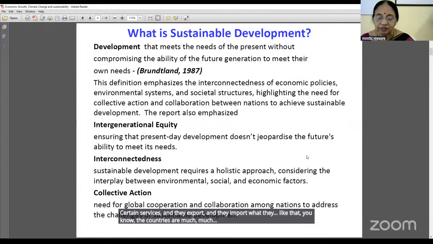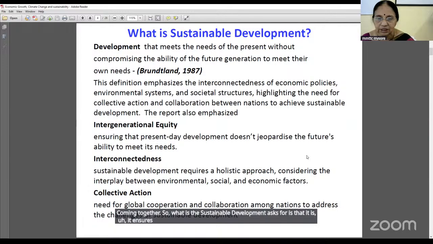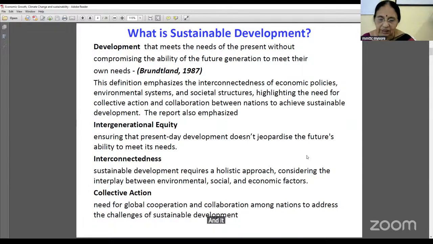Collective action is needed, for example, to address global issues like global warming and climate change. Such things you can only address by collective action, by coming together. So sustainable development ensures intergenerational equity, it is interconnected, and it asks for what is called collective action.